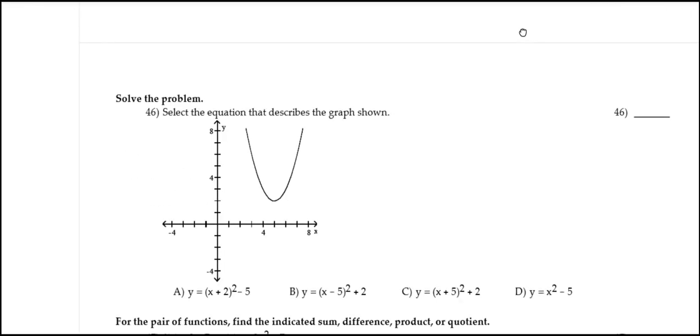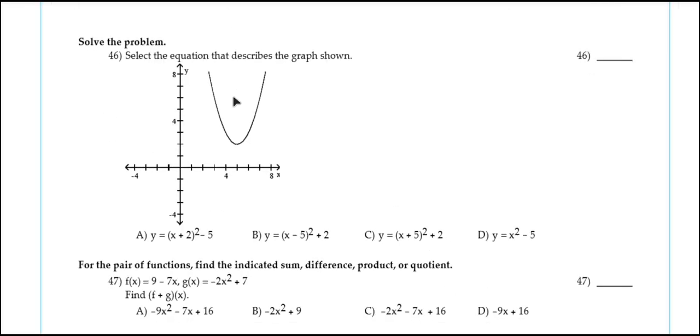All right, let's keep going. 46 gives us the graph of a parabola and asks us to identify its equation. Now, what we should do is think of this as a transformation of some original parent parabola, which might have had a vertex at 0, 0, over to this new one. And where is it now? Well, we have an x value of 5 and a y value of 2. So this means it's been upshifted by 2.